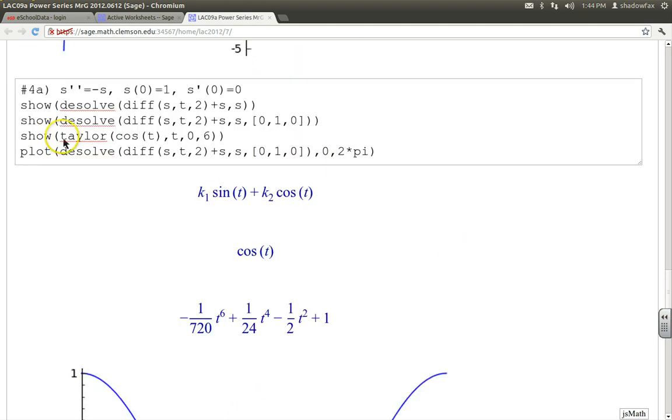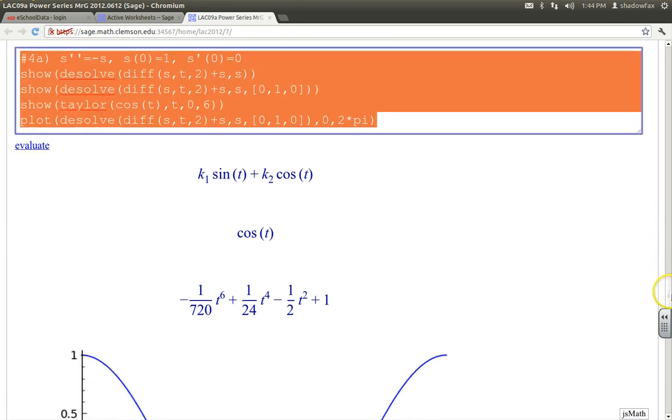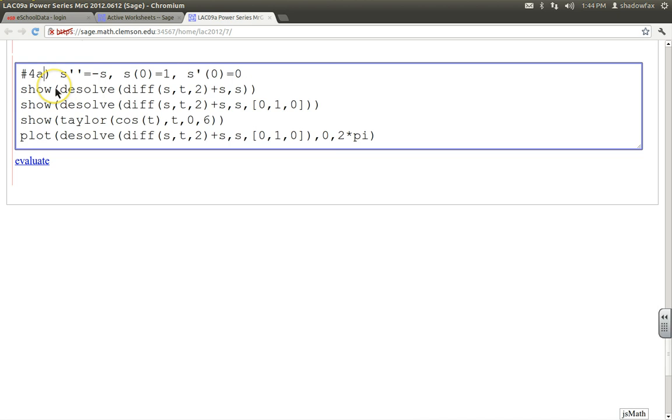So let me copy 4a, just like 1 and 2. All righty. Let's call it 4b. The difference being the initial conditions. And if it's sine, remember that s of 0 is 0 and s prime of 0 is 1. All right, let's just double check all this stuff. So s of 0 is 0, and s prime of 0 is 1.